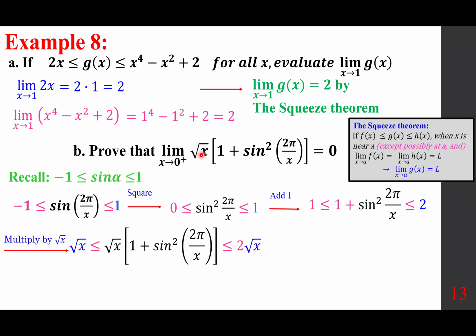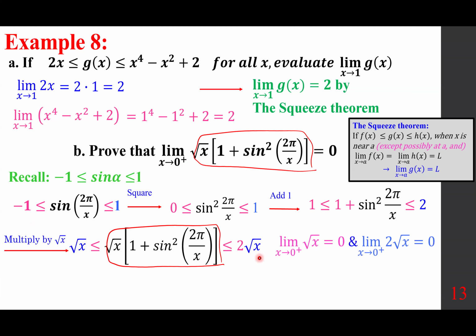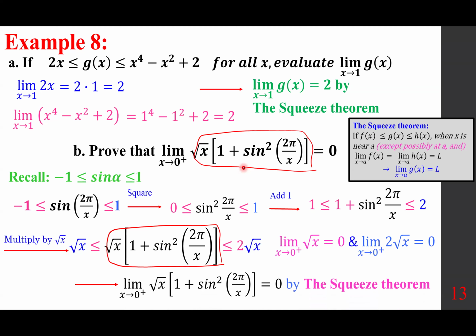So nothing changes. Now this is identical to this one. Now that it is, by the squeeze theorem, you look at the limit for this as x approaches 0 from the right, and this as x approaches 0 from the right, both of them become 0. And therefore, the limit of this expression by the squeeze theorem must be 0.